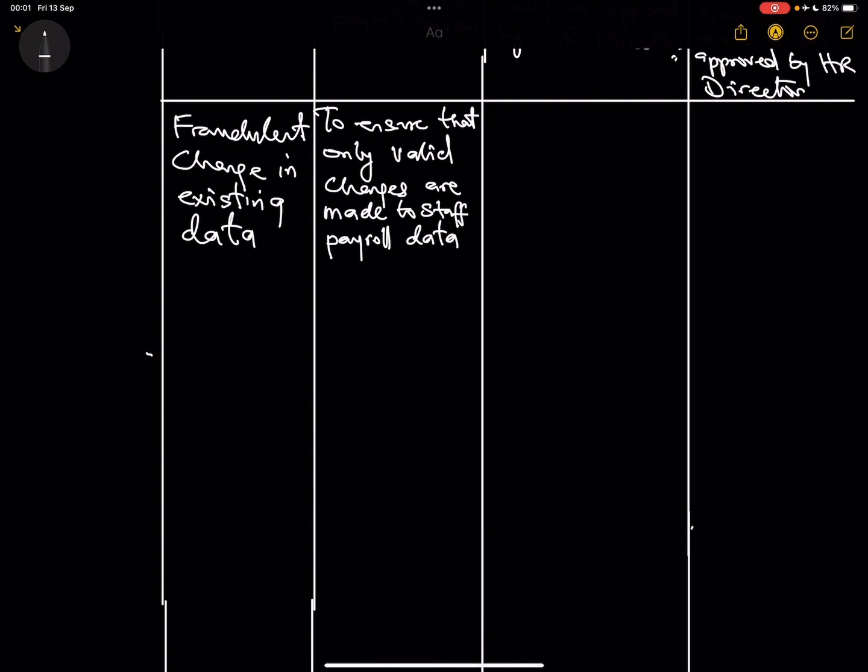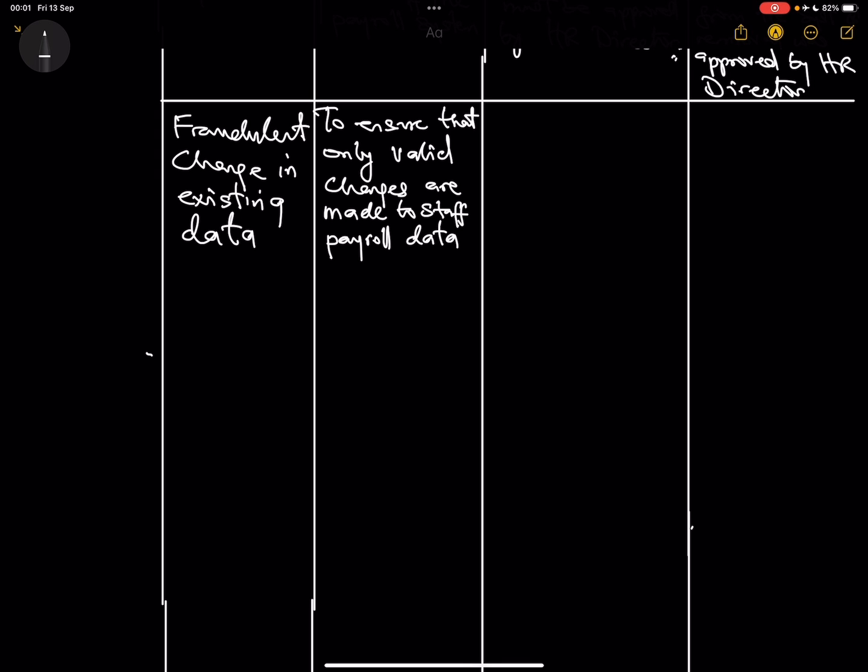And this will be in two dimensions. First of all, the request for change must be in writing so that everybody can see that somebody requested that change, and the justification will be there. Then that written request is what the HR director will now approve. That is a kind of preventive control.